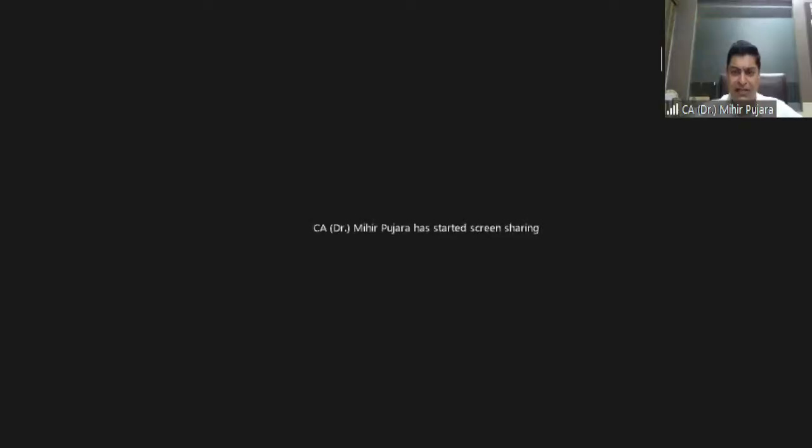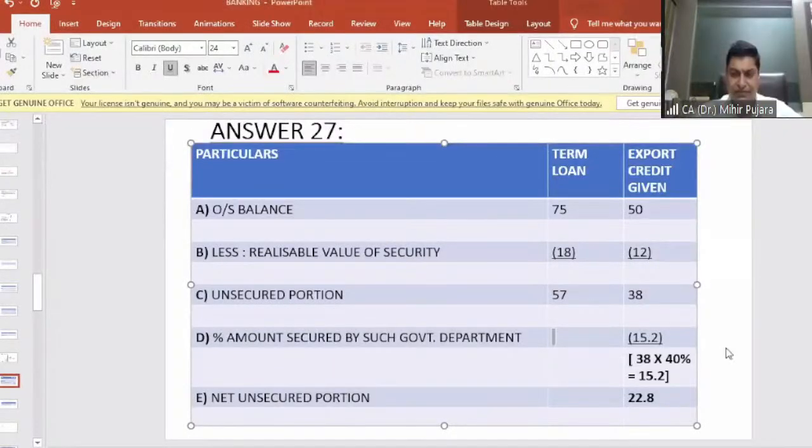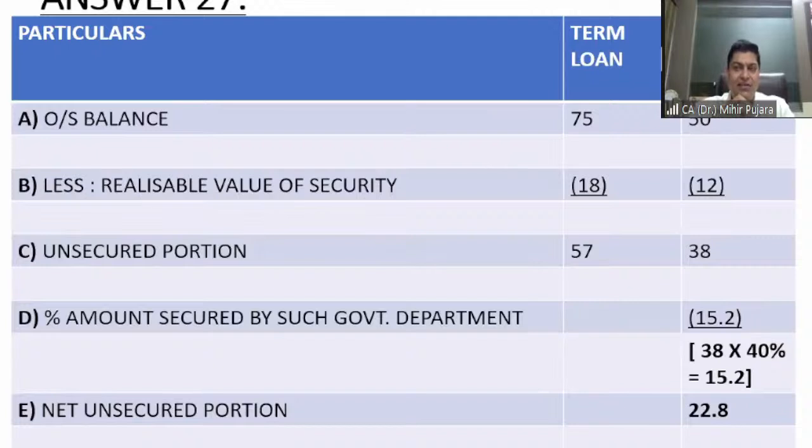See guys, this is simple. I hope in this nobody has any issue. Right guys? Very simple. 50 minus 12, 38. 38, 40 percentage, no problem. So 22.8, very simple.